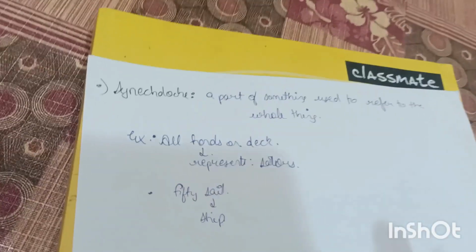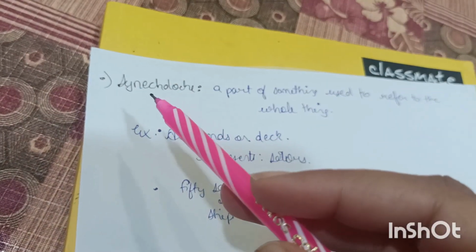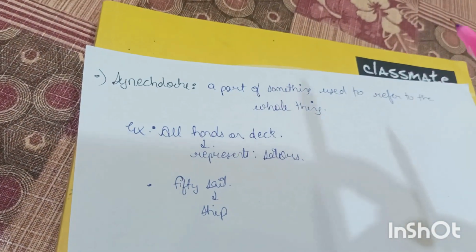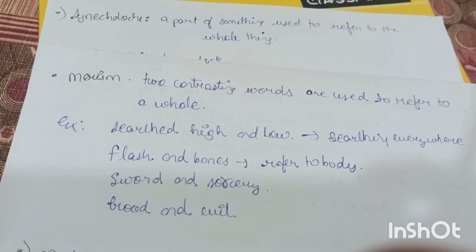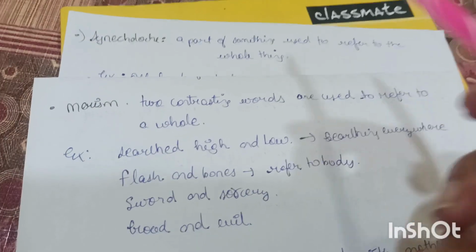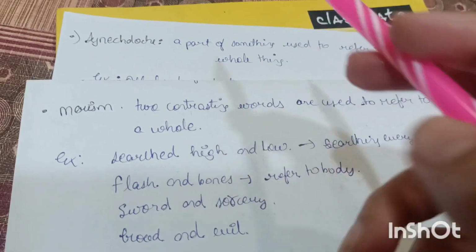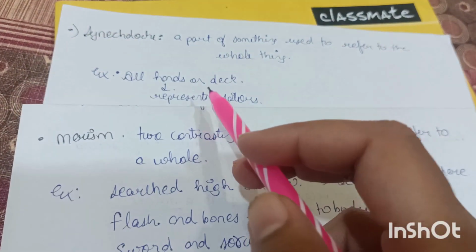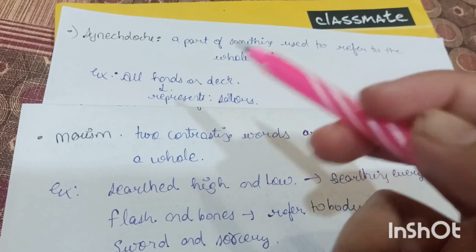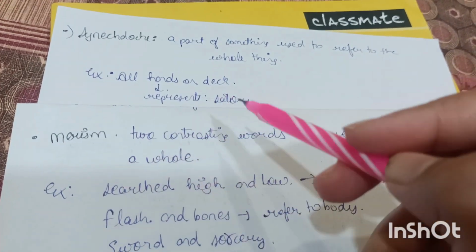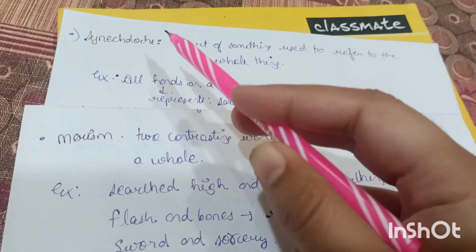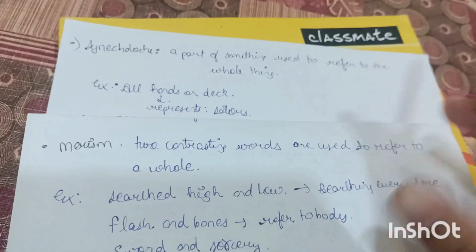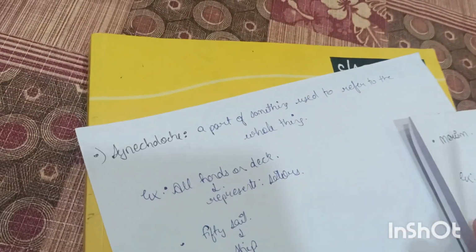So now you might be wondering that synecdoche and merism are somewhat similar to each other. Okay, but no, there is some difference between the two. Okay, so over here you can see that we are using a single word. Okay, but over here we are using two opposite words. Okay, so this is the difference between these two.